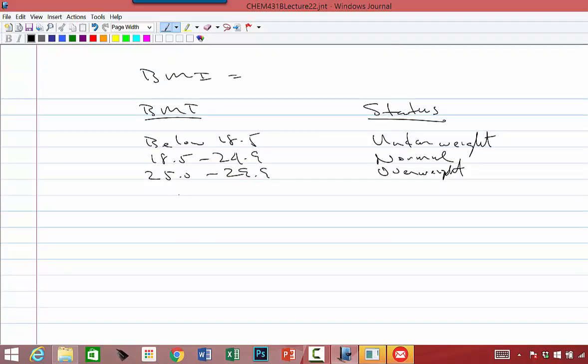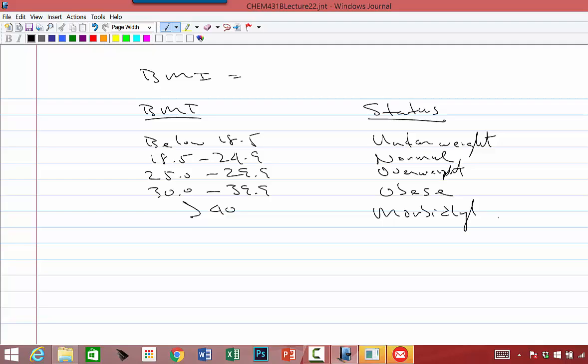When you are between 30.0 to 39.9, you're considered obese. And when you're above 40, you're considered what? Morbidly obese.